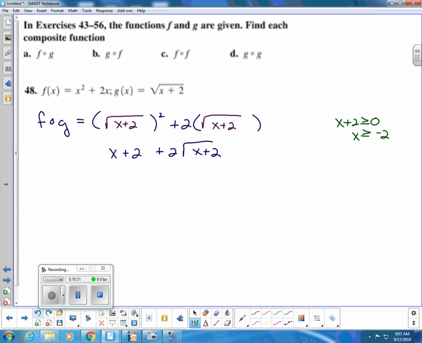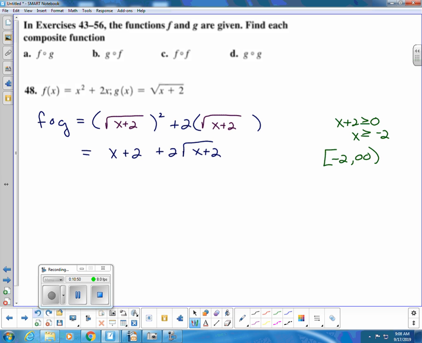We can't do anything with this. You can't simplify that any further because you have that square root sitting there, which you can't combine with anything. So our domain doesn't have anything new to add to it. It's just going to be the input's domain.